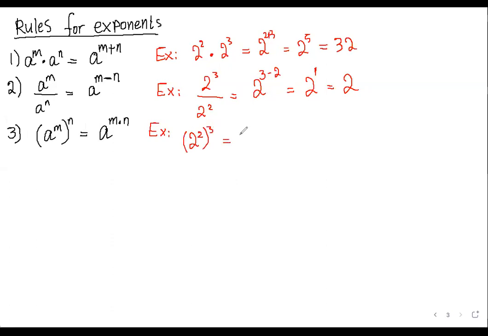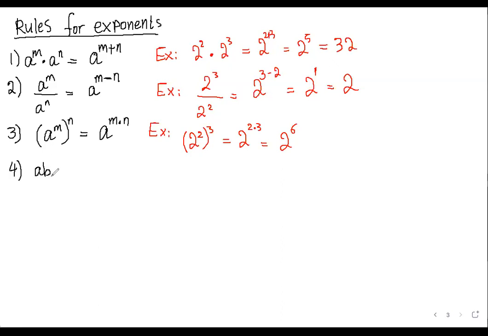This is exactly like 2 to the power 2 times 3, and this is equal to 2 to the power 6. Okay. Number 4. Any questions so far for the first 3 rules? It's clear, right? Okay.